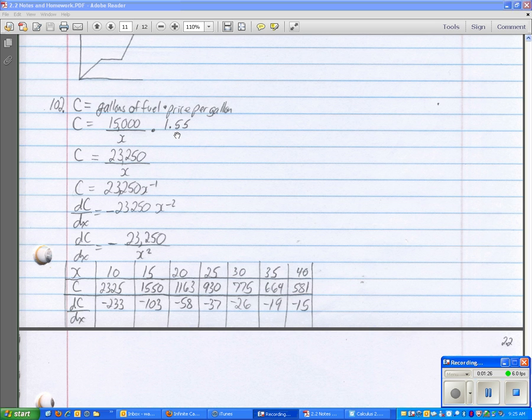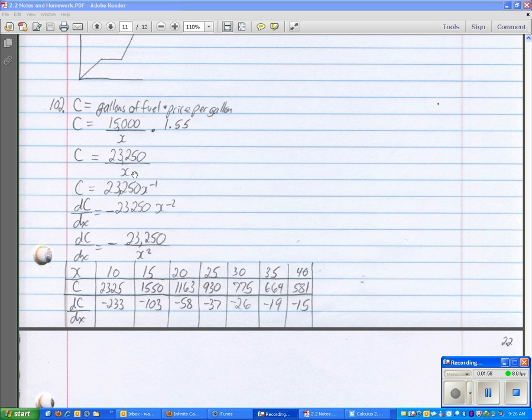If we drive 15,000 miles a year and we get X miles per gallon, then 15,000 divided by our miles per gallon gives us the number of gallons we have to buy. With me? So multiply 15,000 times 1.55, and we get 23,250 over X as our cost function.